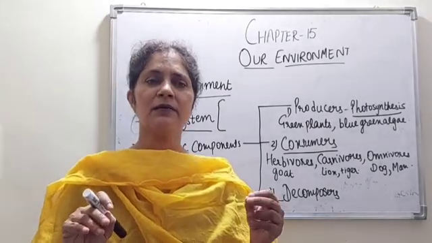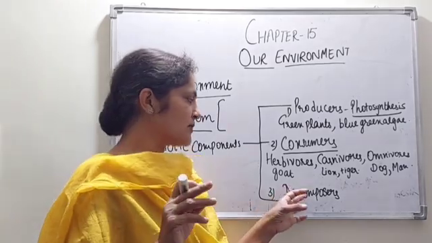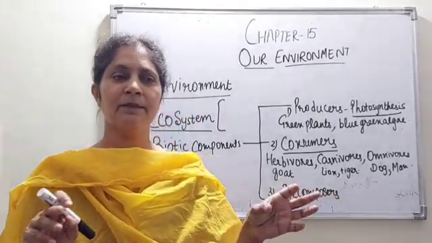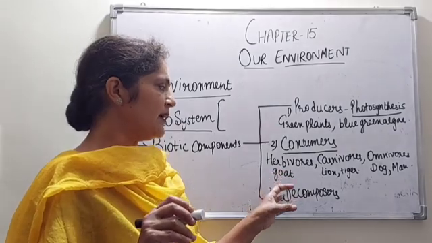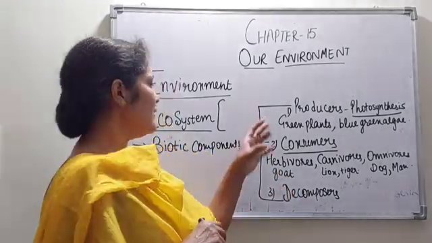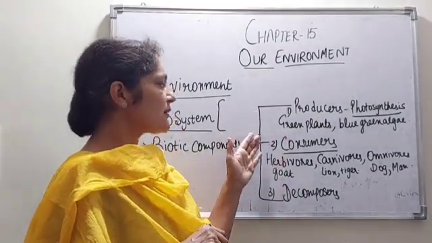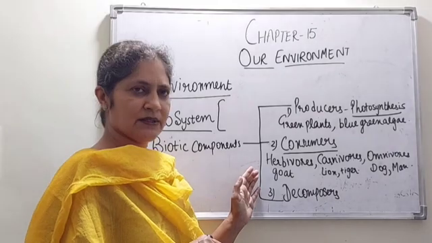They are also known as the natural cleanser because life without decomposers is not possible. So they also play a very important role in our environment. So these were the three main types of the biotic components: producers, consumers, and decomposers.